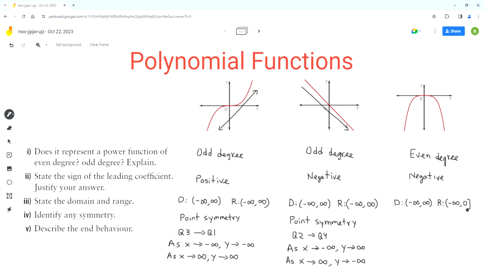So that's why 0 is included in the range, and for infinity we always use parentheses, not square brackets. Now the symmetry: this graph has line symmetry. As you can see, the y-axis breaks up this graph into two overlapping or mirror images. So that's why this graph has line symmetry.